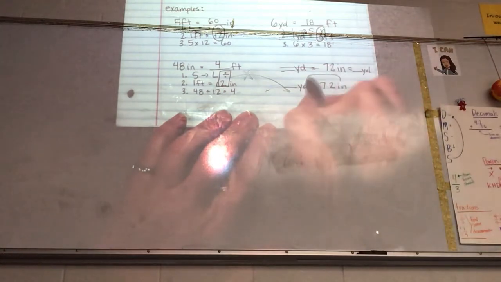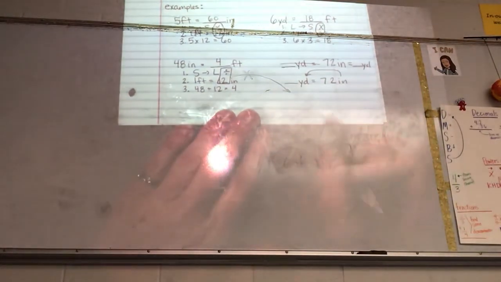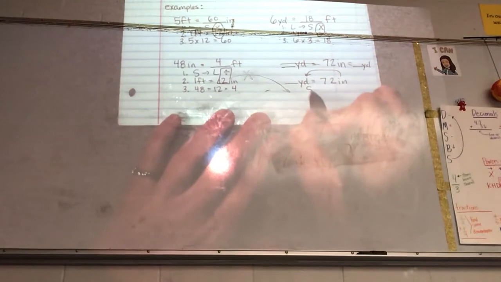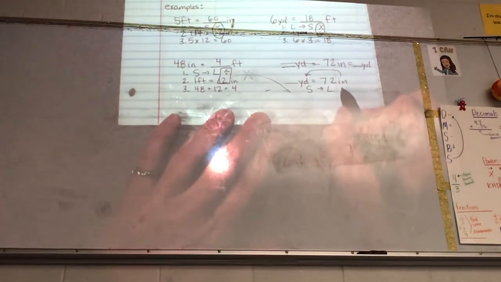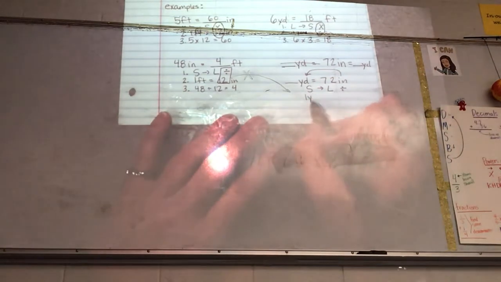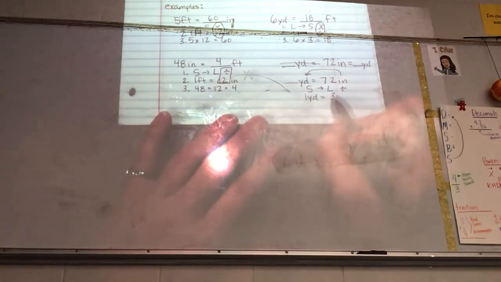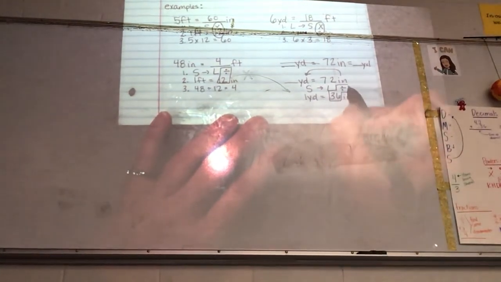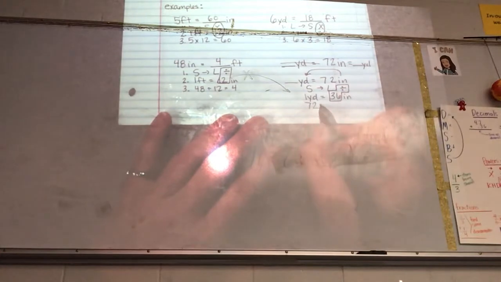I want to know how many inches are in yards. So small to large is divide. What do I know about inches and yards? 36 inches in 1 yard. So I'm dividing by 36. So I have 72 divided by 36.